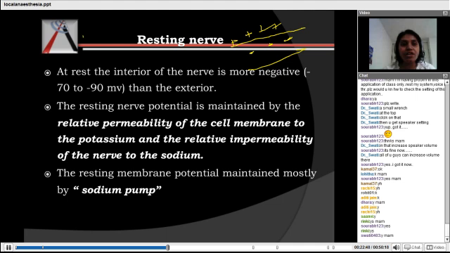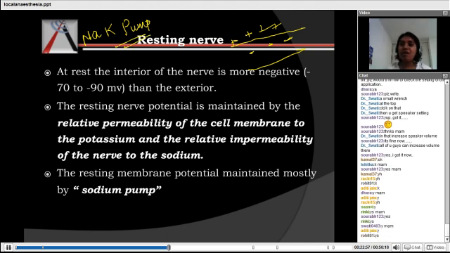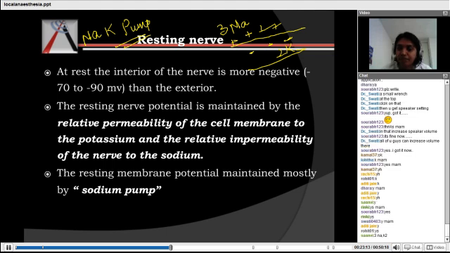It is created by your sodium-potassium pump. So what does your sodium-potassium pump do? It pumps out the sodium and lets the potassium come in. But sodium and potassium both are positive. So what it actually does is pump out 3 sodium and let in only 2 potassium.